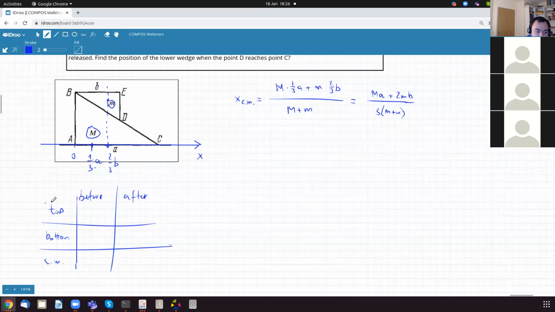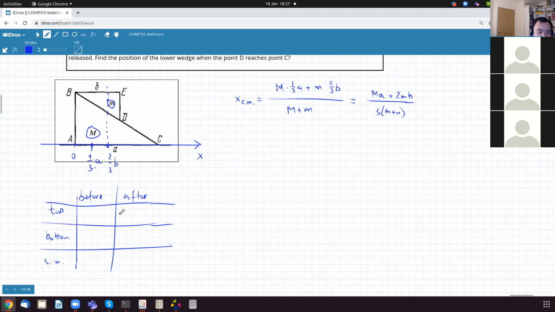So assume that the top block, once again, has shifted to the left by L. So how far is it allowed to move? Well, it's A minus B, that's the distance it can travel, A minus B and minus L.